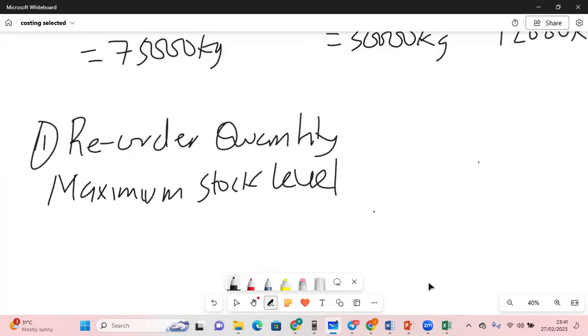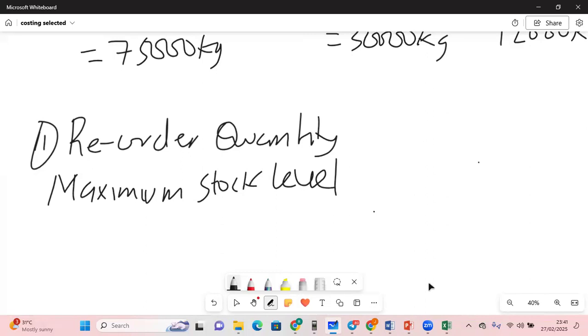So in case you don't have the maximum stock level and the likes, then you have to use the half square root formula, right? But if you have maximum stock level, then you can get it.